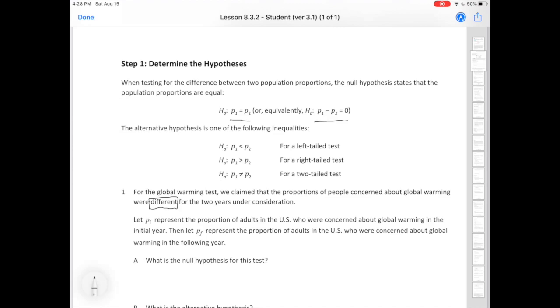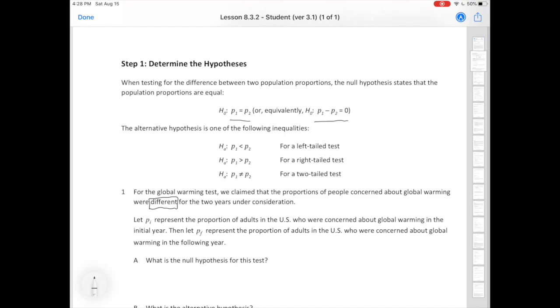Let PI represent the proportion of adults in the US who were concerned about global warming in the initial year. And then let PF represent the proportion of adults in the US who were concerned about global warming in the following year. Remember, I and F, usually you can think of them as initial and final.